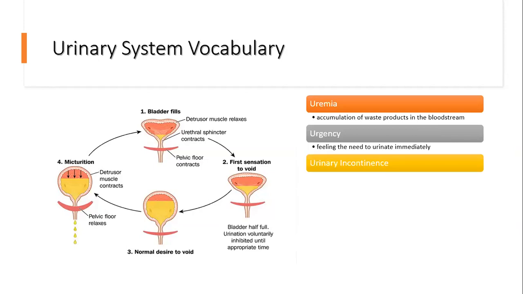Urinary incontinence, involuntary release of urine, like in some patients with neurogenic bladder, or elderly patients, or in kids.